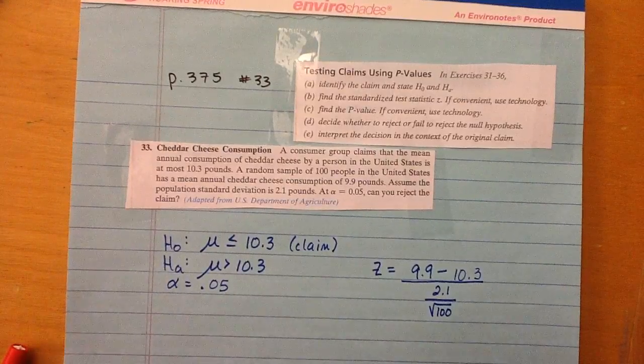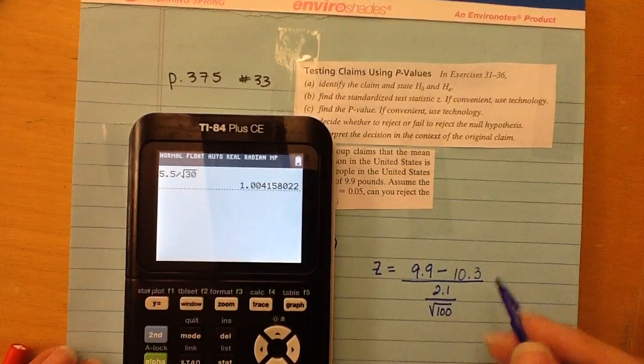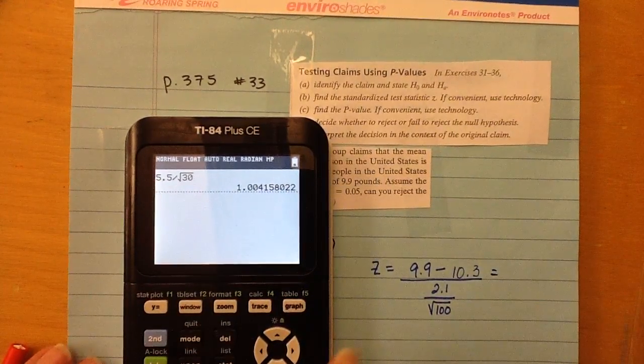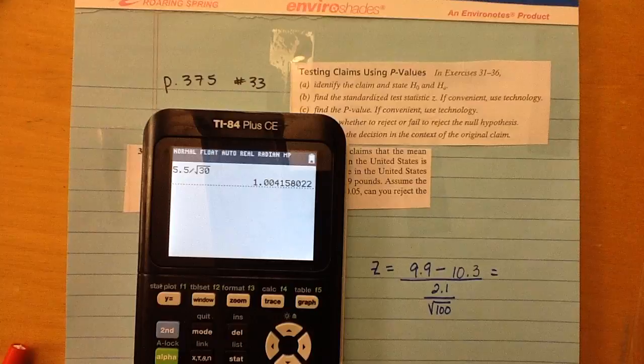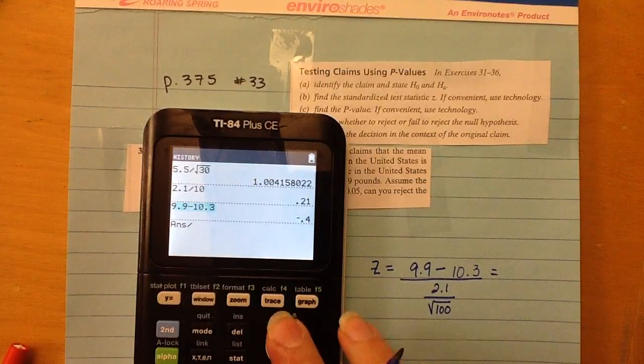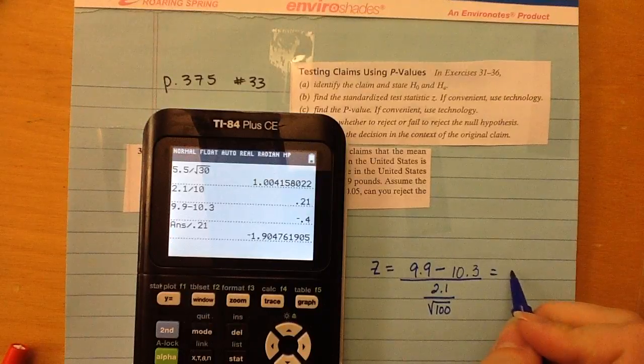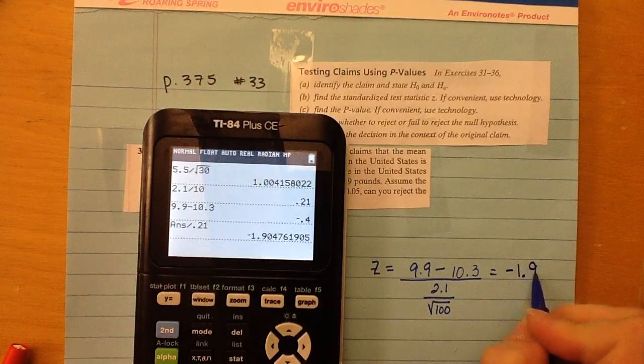Remember that z-scores we only need to 2 decimal places because that's all we've got on our table. So I'm going to do 2.1 divided by square root of 100, which is 10. So I'll take 9.9 minus 10.3, divide that by that number, and I get a z-score of negative 1.90.